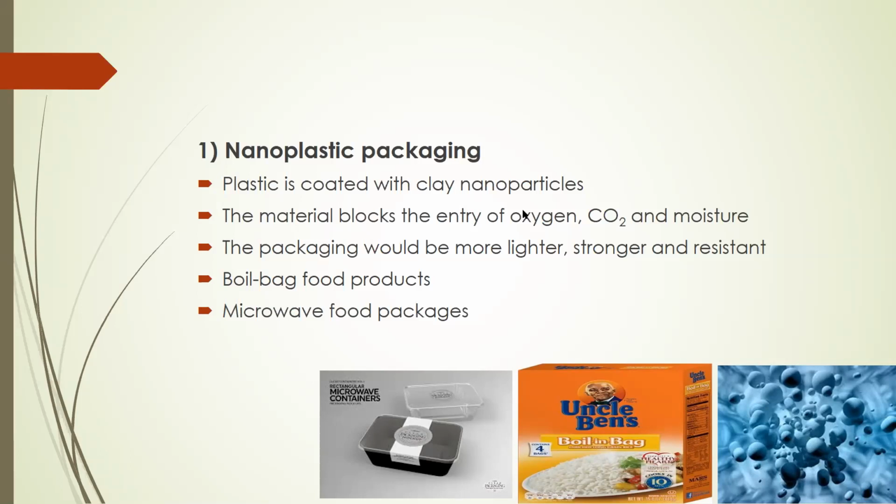So if we can block the entry of the oxygen, carbon dioxide, and moisture into the packaged food items, the contamination that might arise from their entry might be avoided, and this means that the packaged food items could be made safer.